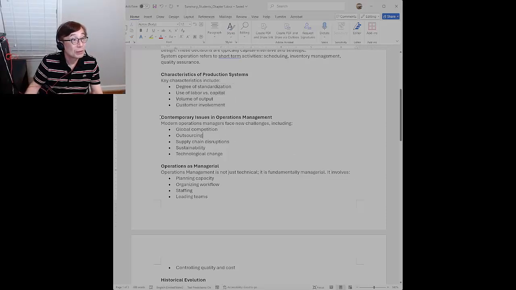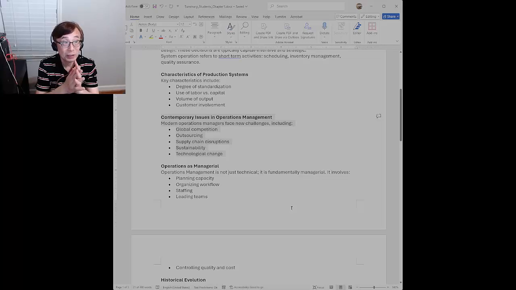So that's how much degree of standardization is involved in production or services. Now, some issues in operations management, which they call contemporary issues. These are rather emerging issues, mostly because of technology, I believe, including global competition, or these days tariffs, right? Tariffs are a headache for many countries and quite confusing.